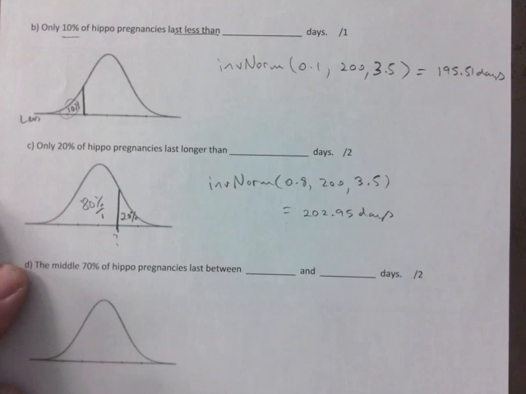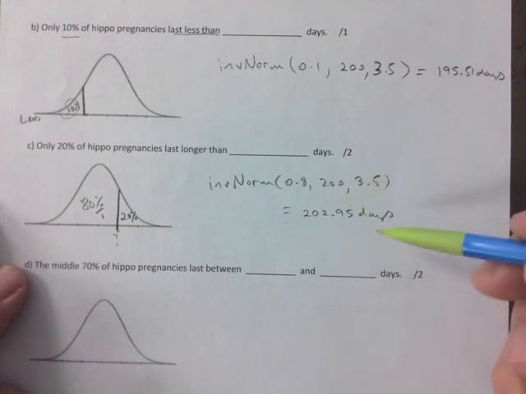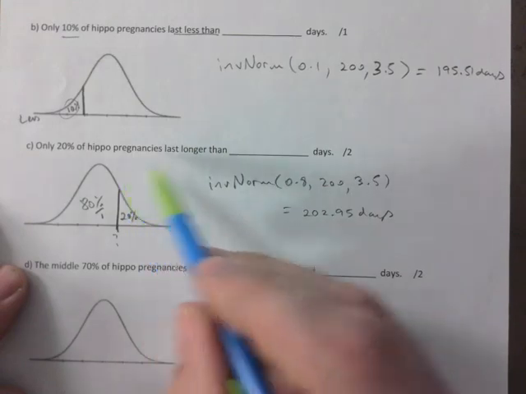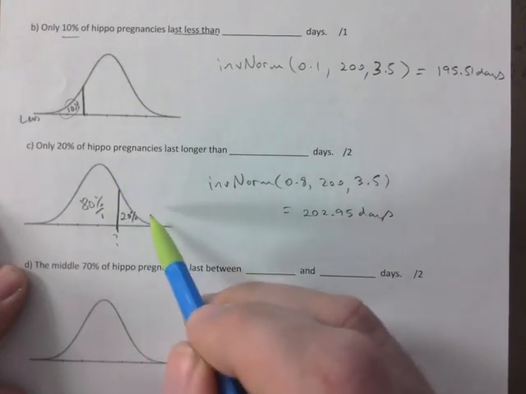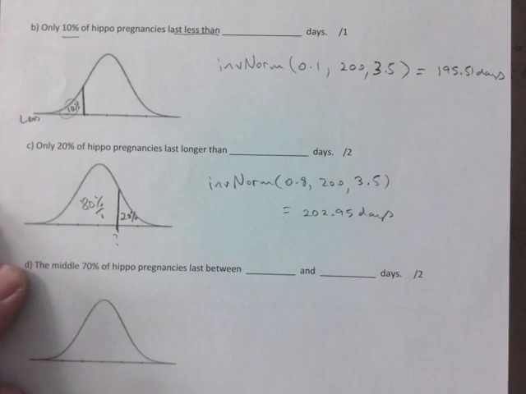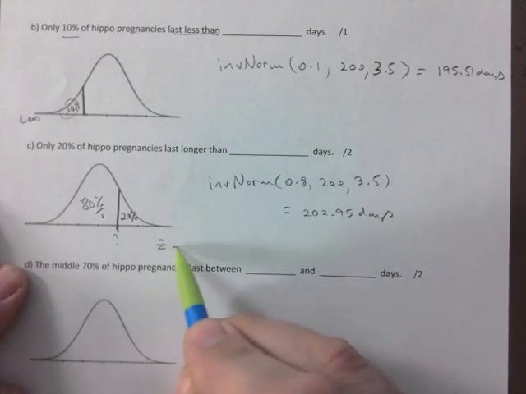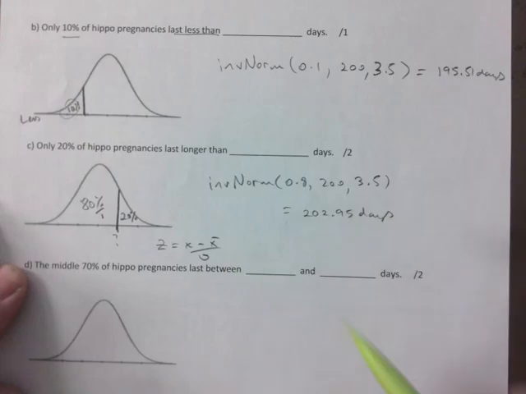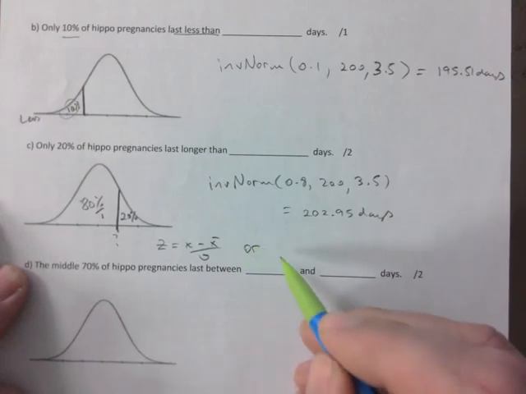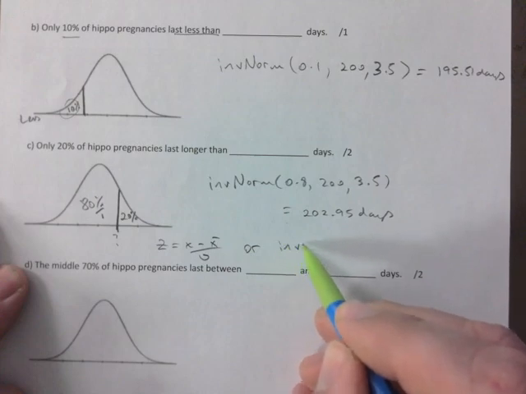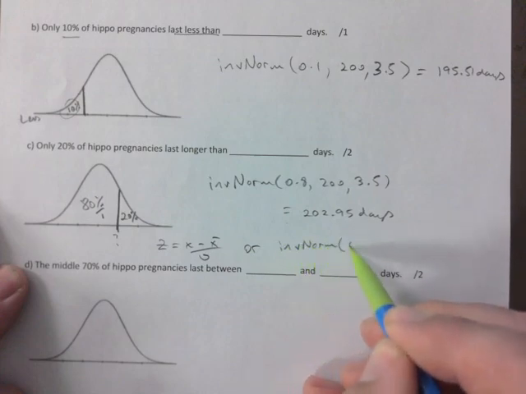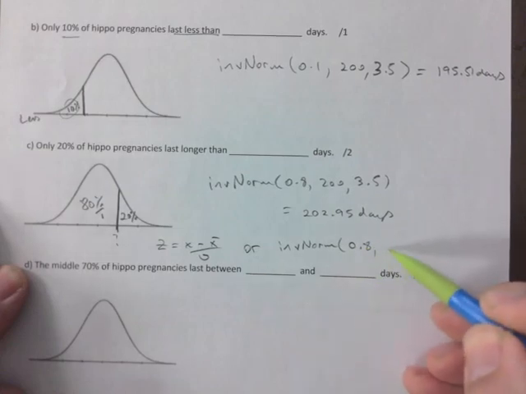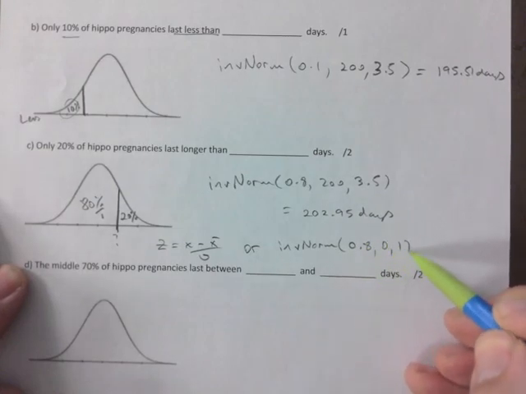If I asked you for the z-score of 20% of pregnancies being greater than this value, what would you do here? You have 2 choices at this point. You could use this formula, or inverse norm, 0.8, but what would you put in here? 0.1, right?